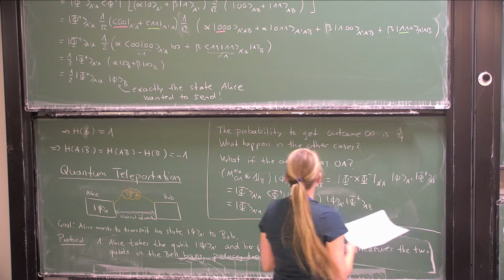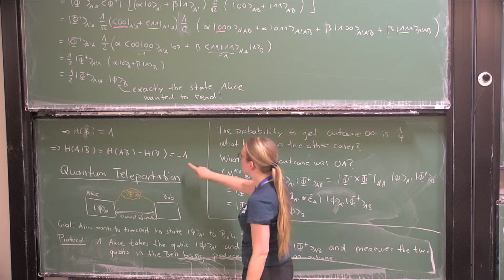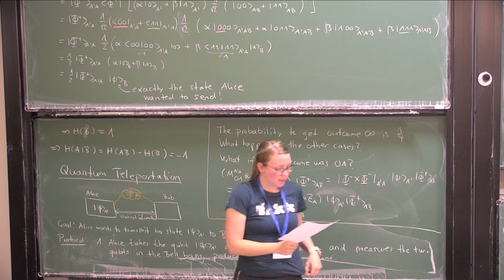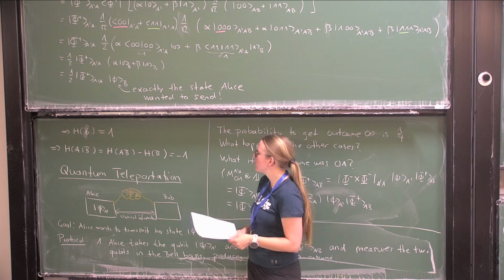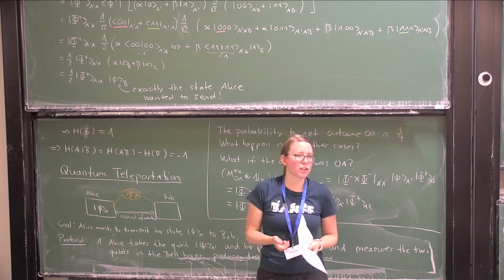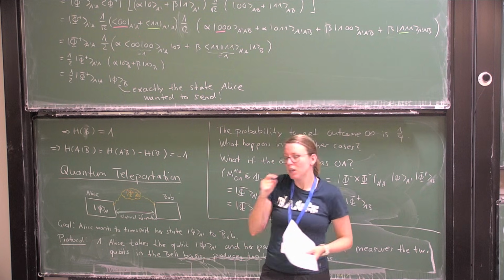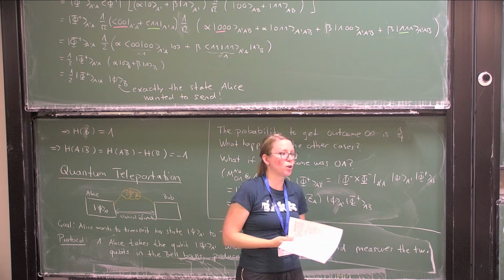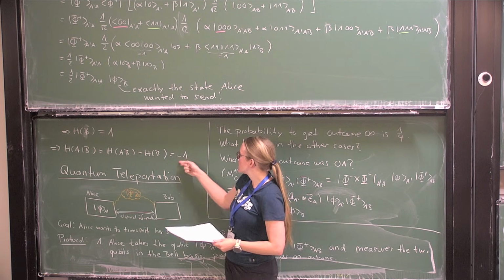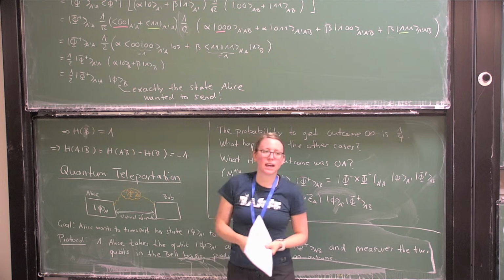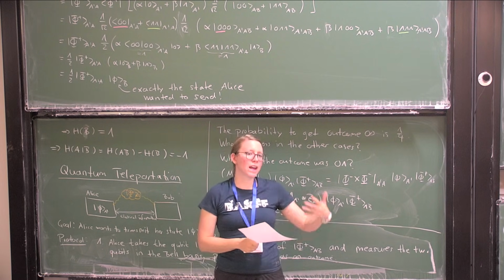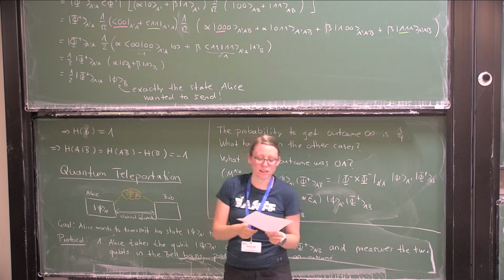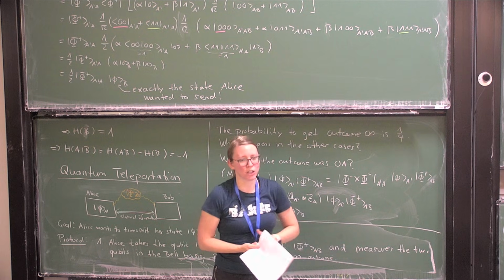If you connect this back to the negative entropy that I still have here in the corner, you can think about it as this entropy only being negative if there is entanglement between Alice and Bob. Negative entropy means that Alice and Bob share a resource that can be used for future quantum communication. It's not that they know more than everything about the quantum system, it's more that the quantum system has the potential for future quantum communication.